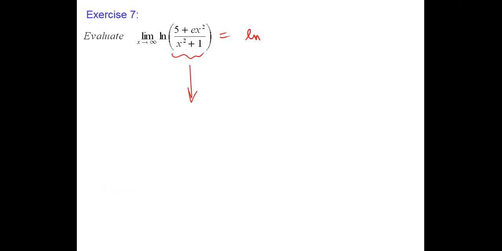That means, again, finding the behavior at infinity, we're looking for the degree of the polynomials: second, second. If it's the same, we're taking a ratio of the leading coefficients. E and 1. E x squared and 1. E over 1, which of course is E.